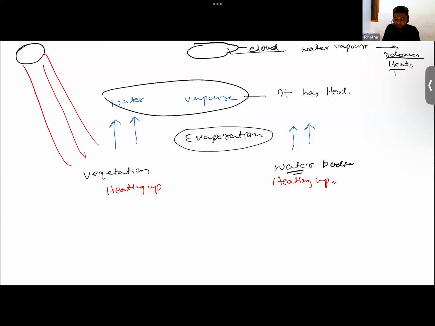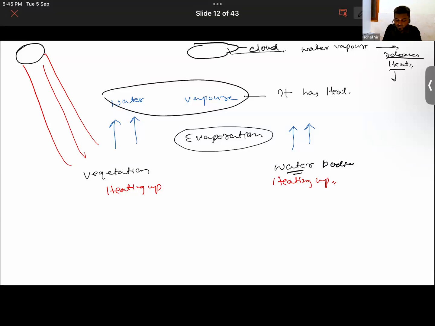So when it is releasing the heat, the air molecules nearby the clouds will become warmer. So water releases heat here when it changes from vapor to rain in the atmosphere. When vapor changes to rain, it is releasing a huge amount of heat, and this warms the air around and creates a drop in pressure.